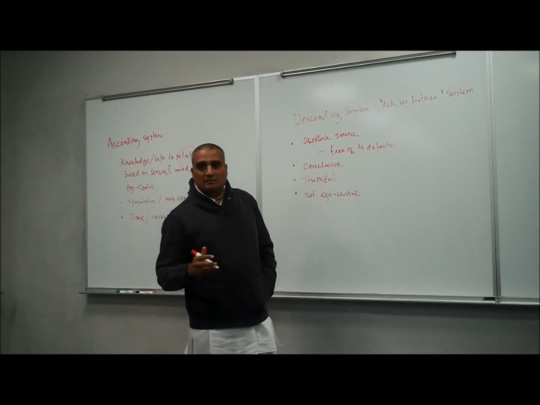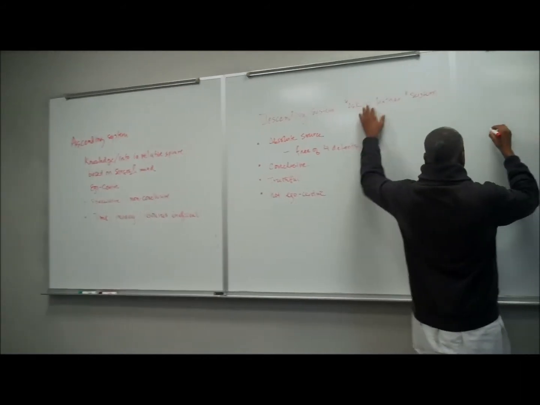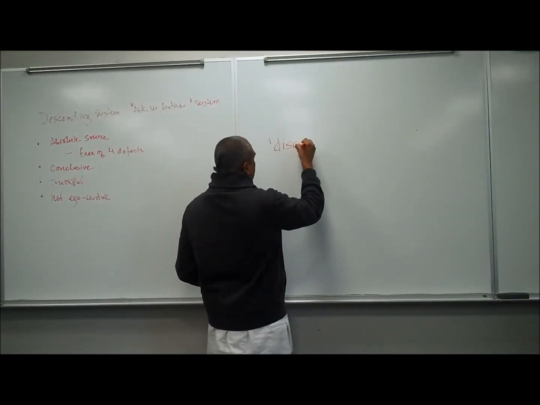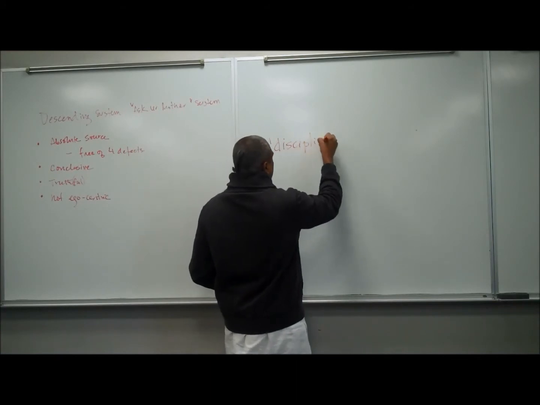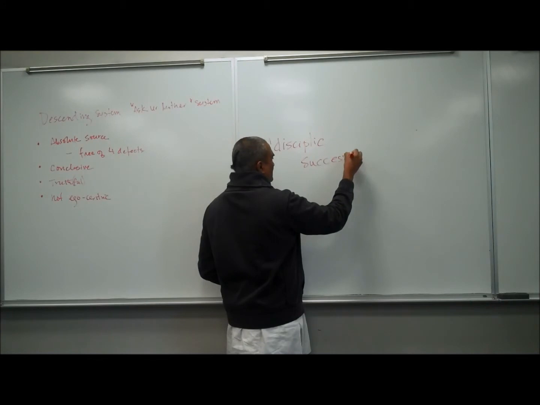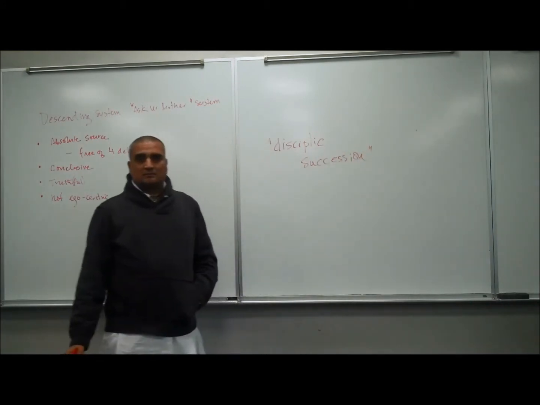So in the Bhagavad Gita language, this system is called disciplic succession.